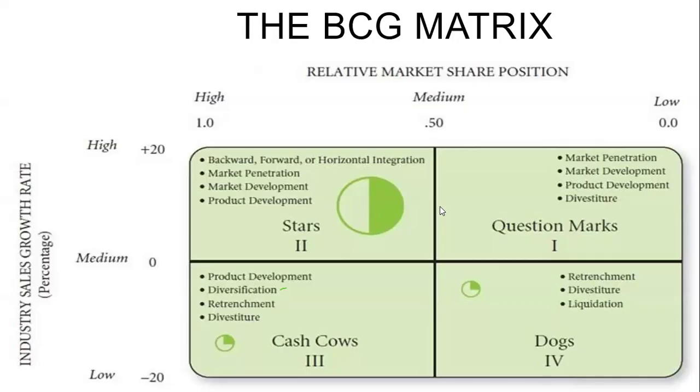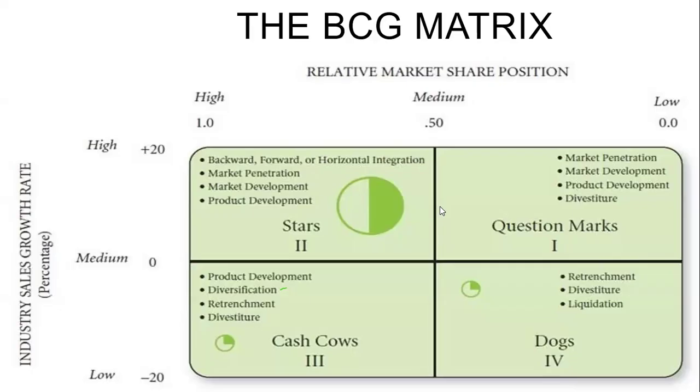So if you look at the Cartesian plane I have on my screen, the 4 quadrants, at the apex is the relative market share, which is scored on a scale of 0 to 1, with 1 indicating higher relative market share position and 0 indicating lower market share position.